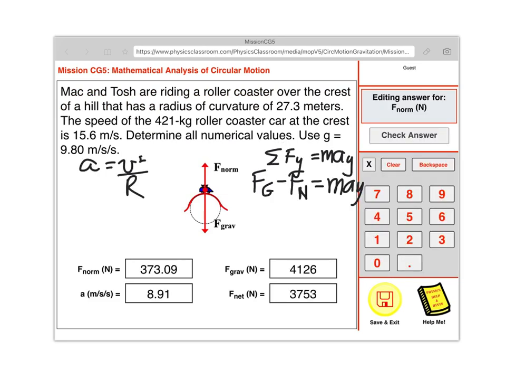Okay, same routine. Get F grav first, 421 times 9.8. Then get the acceleration, v squared over r. And then multiply the acceleration times the mass to get the net force.